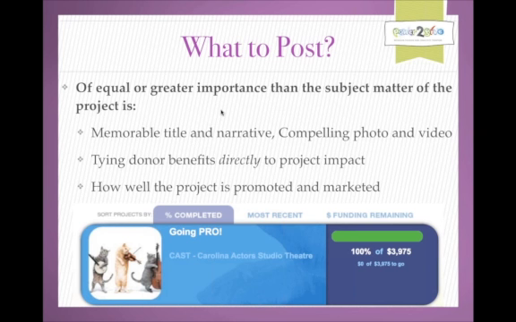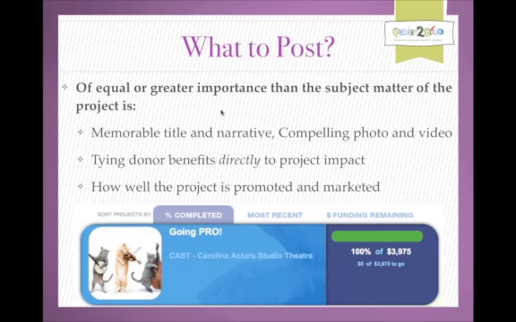This little graphic here is from a project here in Charlotte. The Carolina Actors Studio Theater wanted to have a professional orchestra for one of their musicals, and the title, and I'll show you the narrative in just another few slides, but they posted this picture of performing cats, and the project threatened to put performing cats in the orchestra pit if we couldn't get funding for professional musicians.